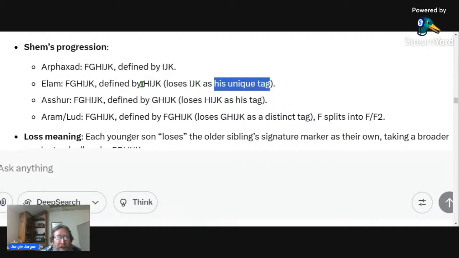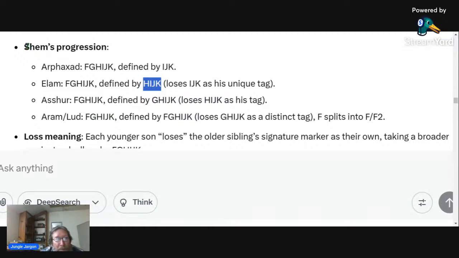He has another marker, labeled HIJK. That's his unique tag, HIJK, if you want to put it that way. Asher, FGHIJK.